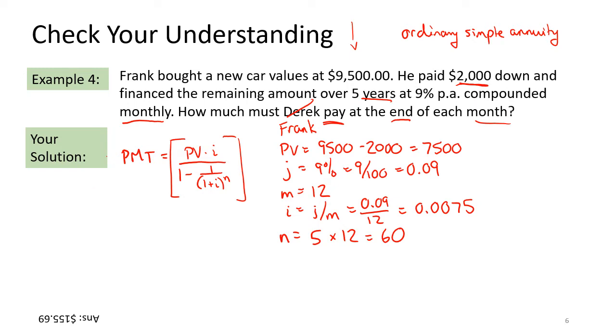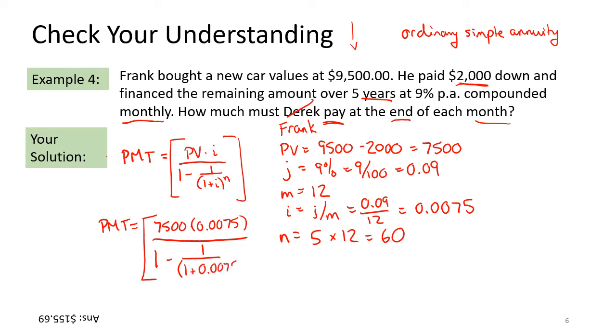So now substituting these numbers into the formula, his payment is equal to the present value, 7,500, times 0.0075, the periodic interest rate, divided by 1 minus 1 divided by 1 plus 0.0075, the periodic interest rate again, all to the exponent 60. And if you calculate that out, you get a payment of $155.69. So that's how much Frank would have to pay monthly in order to pay down the remainder of his car loan.